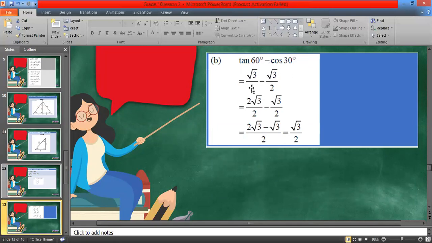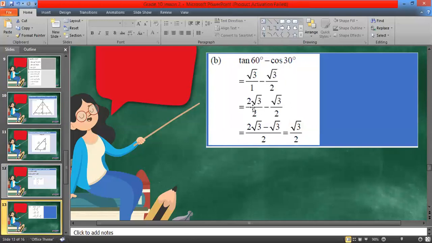And then you can now subtract. How are you going to subtract? You take them to the same denominator. This is over 1, this is over 2. So multiply the first by 2, so that you have the same denominator of 2. We're going to have 2 root 3 over 2 minus root 3 over 2.